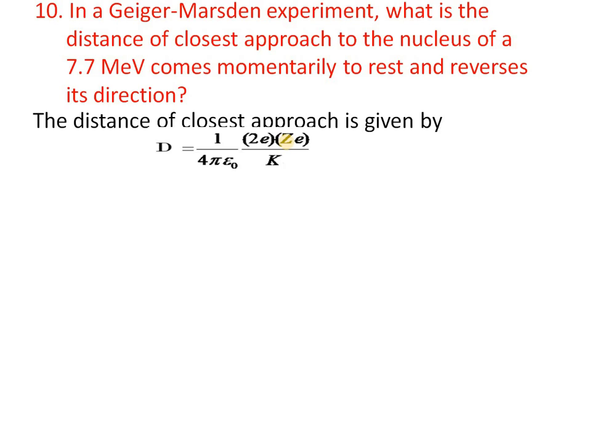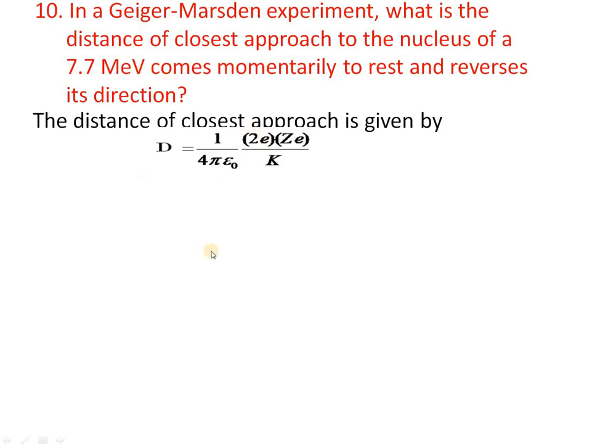In the experiment, gold foil is used, so we have to use the atomic number of gold, which is 79. K is the energy of the alpha particle, given in the problem as 7.7 mega electron volt. Mega stands for 10 power 6, and 1 electron volt is 1.6 into 10 power minus 19 joules.